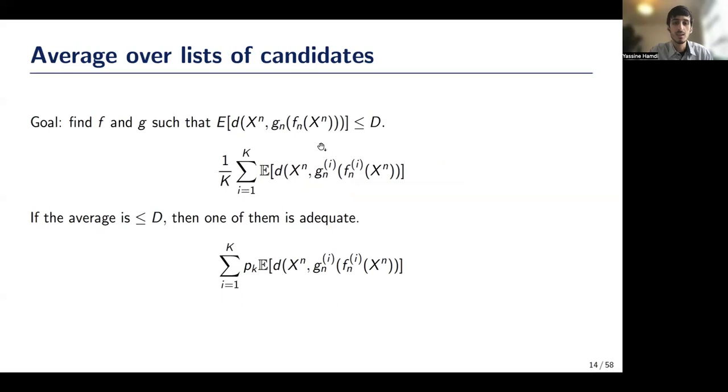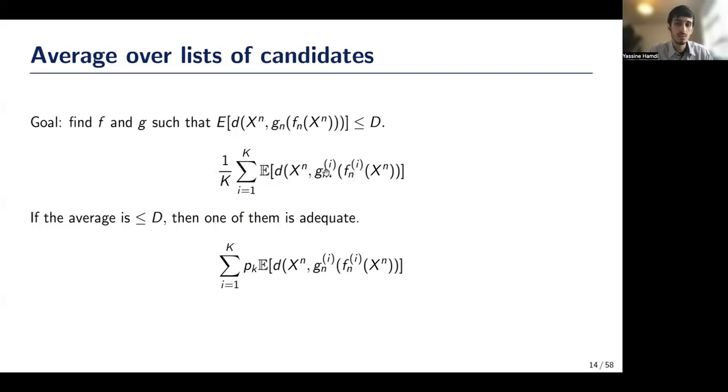So I'll make this a bit clearer. You take an encoder, a decoder like fn1 and gn1, and you try them and you see how much you get in terms of expected distortion between xn and yn. And then you do the same for several other pairs.